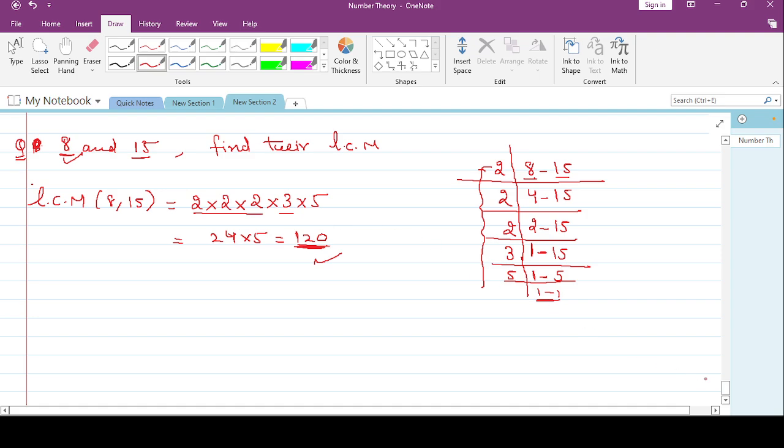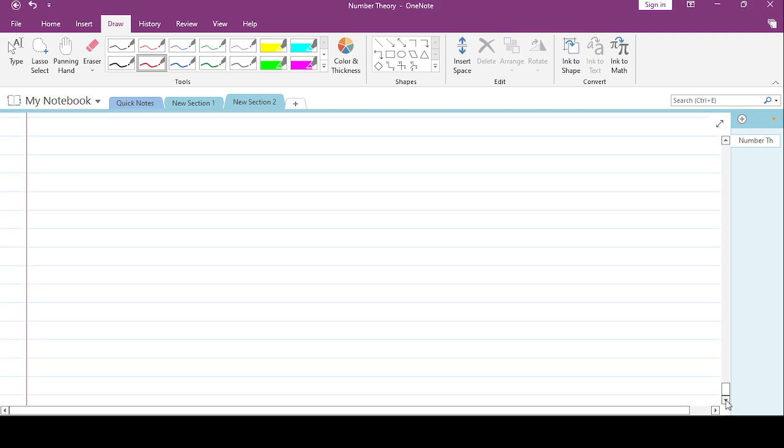So we solve one more question: find LCM of 3 and 10, okay. So write 3 on one side and 10. So divide these two numbers by 3. So here you get 1, here you get 10.